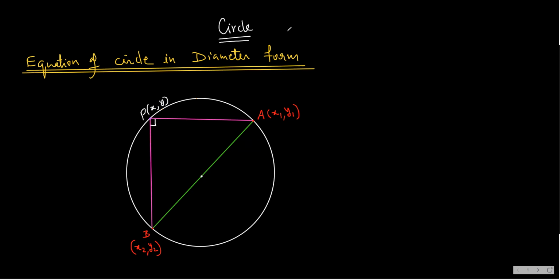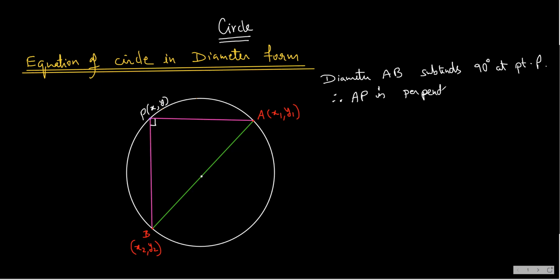So I will write here, diameter AB subtends 90 degree at point P. Therefore, AP is perpendicular to BP.